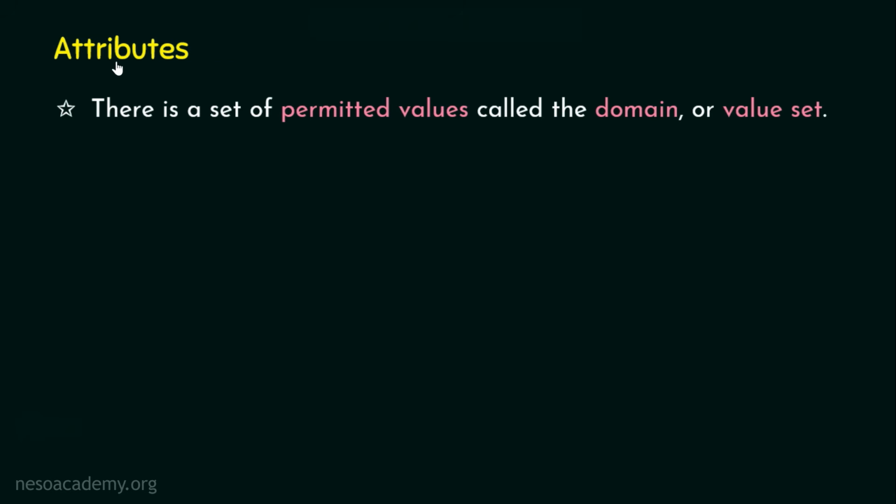When we talk about attributes, there is a set of permitted values. Say, for example, if someone enters the name as 3456, which is not actually a permitted value, isn't it? Because we do not find a person with a name like 3456 made of numbers. So a set of permitted values should be there, so that an attribute will take a value from this set, which is called the domain or the value set.